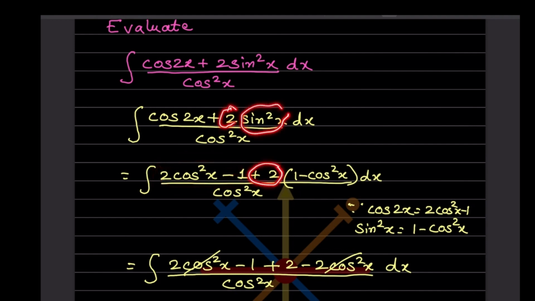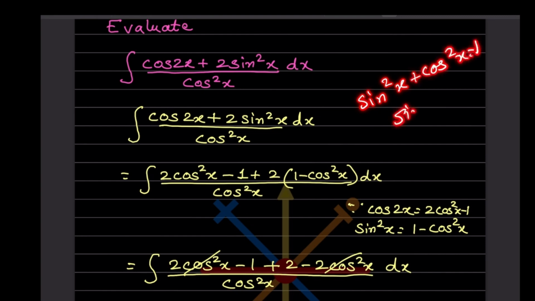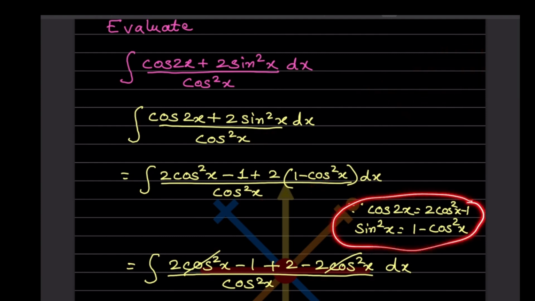But sin square x we can write as 1 minus cos square x, because you know the identity that sin square x plus cos square x is going to be 1. If we rearrange this, sin square x is 1 minus cos square x, and the denominator is the same. So I have written the formula over here.